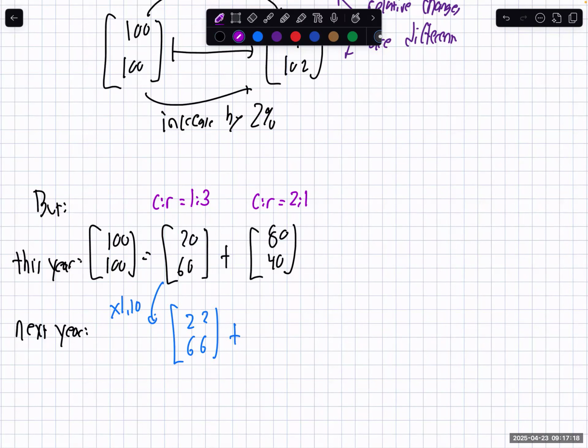And when I have that 2:1 ratio, each decreases by 10%. So next year's population is 94, 102.